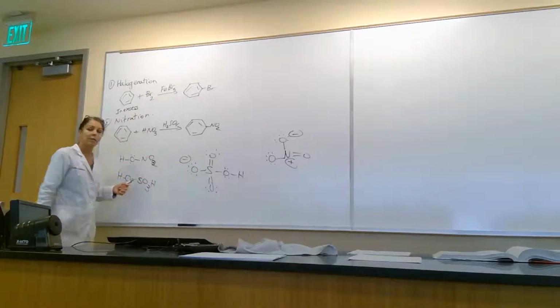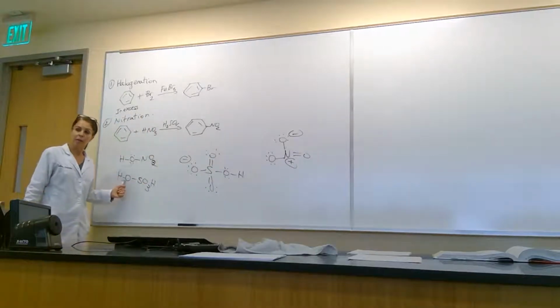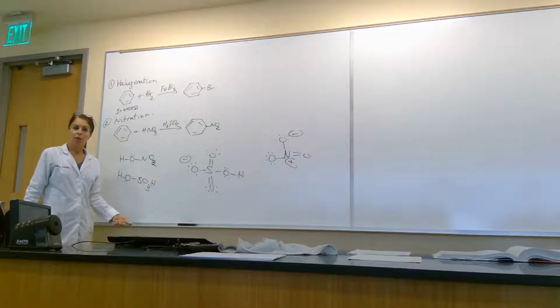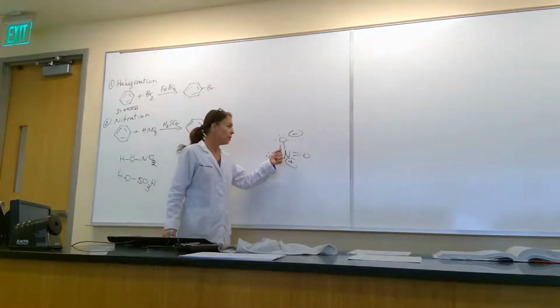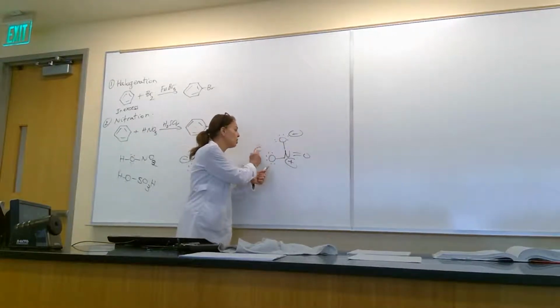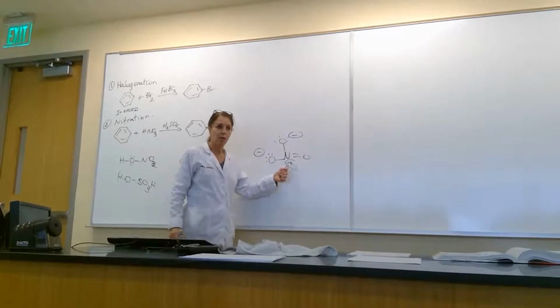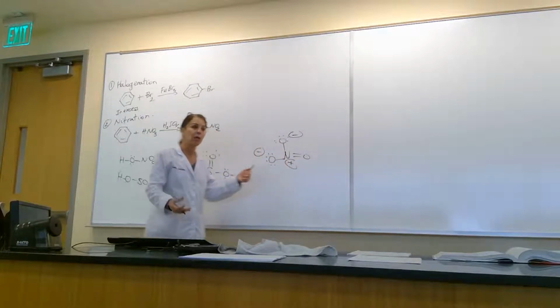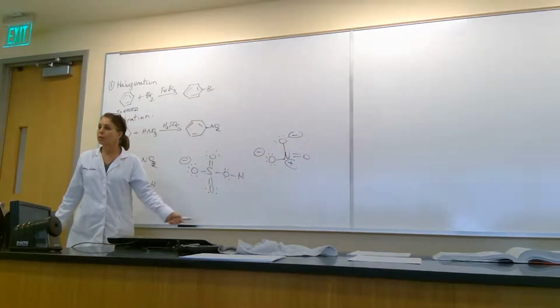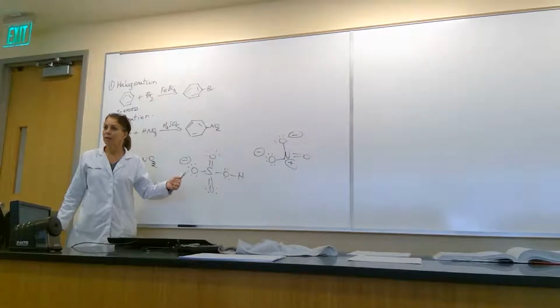So sulfuric acid is a stronger acid because it gives you a more stable conjugate base. Nitric acid is strong, but you see you have two negative charges for a positive charge. So the distribution of two electrons on three oxygens is not as good as one electron on three oxygens. Is everybody understanding this?